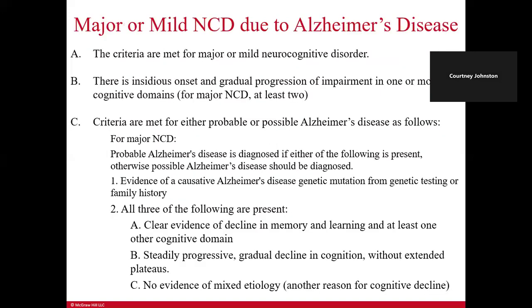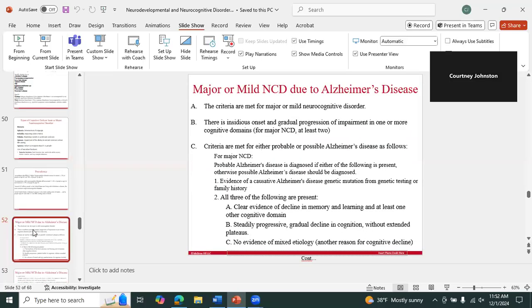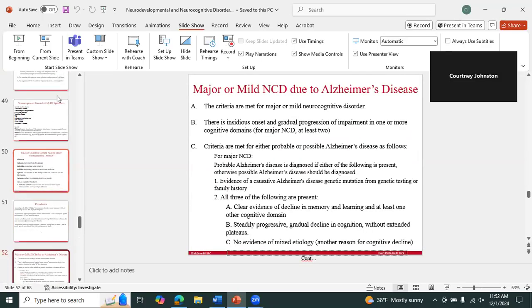Okay, so major or mild neurocognitive disorder due to Alzheimer's disease. Now we're looking at one, and again, we're not going to look at all of these. As far as I know, we're only going to look at Alzheimer's disease.